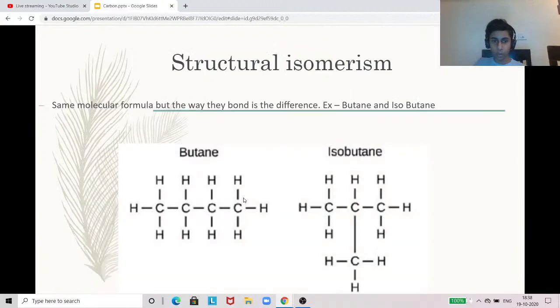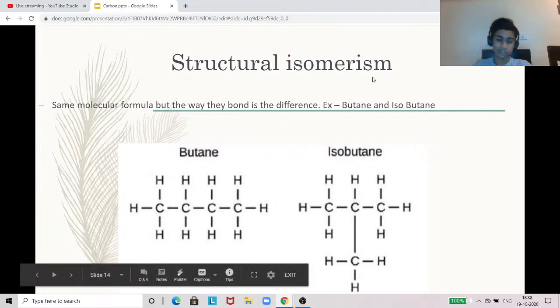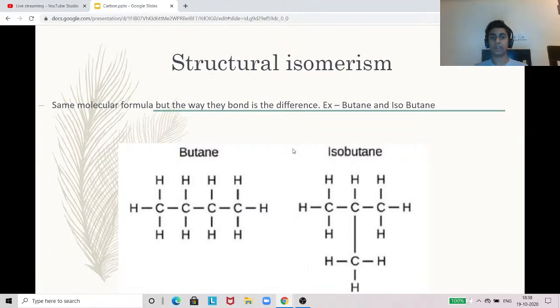In structural isomerism, they have the same molecular formula, but the way they bond is different. Throughout isomerism, we'll have the same molecular formula. That's what isomerism basically means.